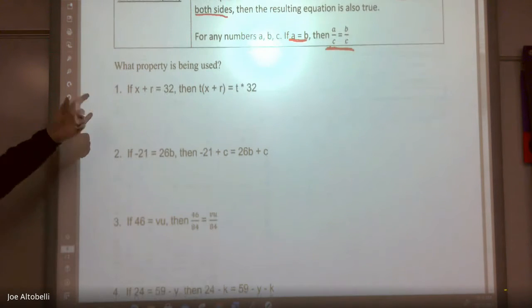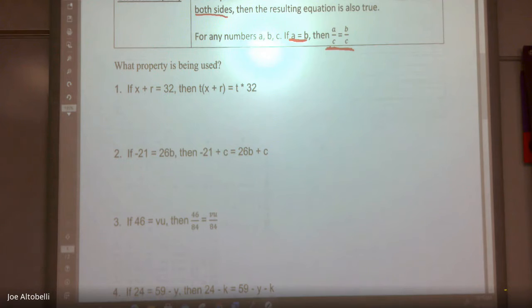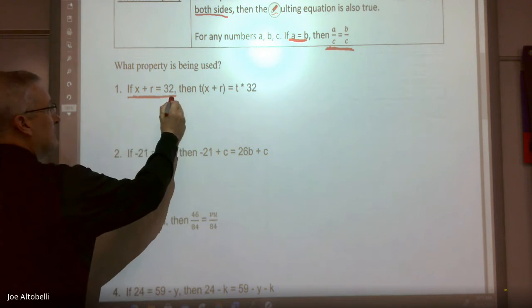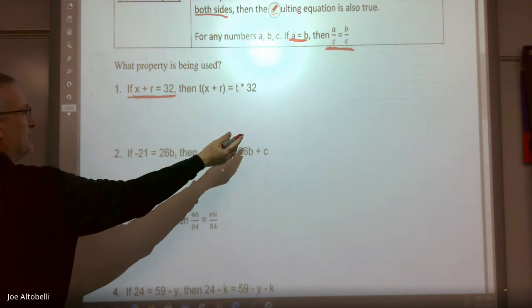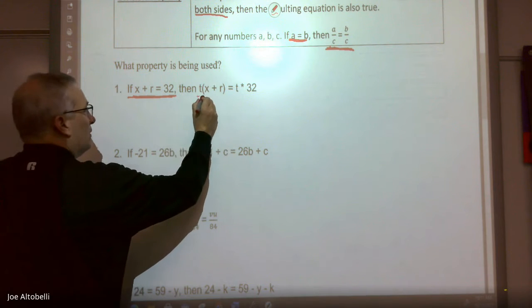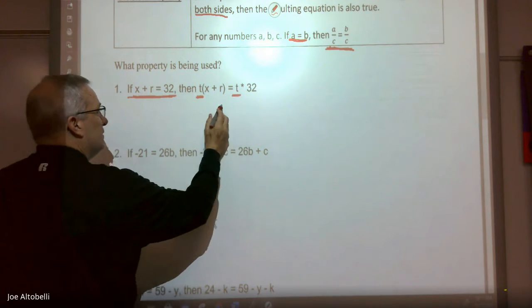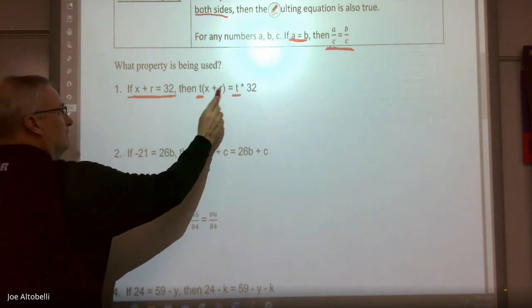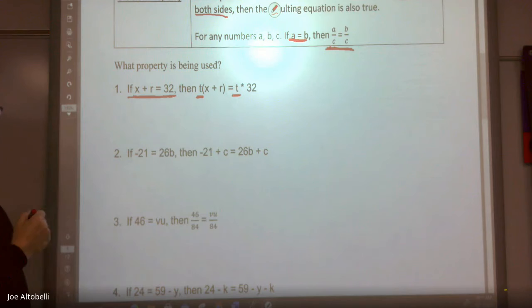All right, so what you are going to do is it's going to give you an equation. Here is the equation. And they're asking, what is happening to both sides? Well, what is unique here that wasn't over here? Multiplying by t, right?